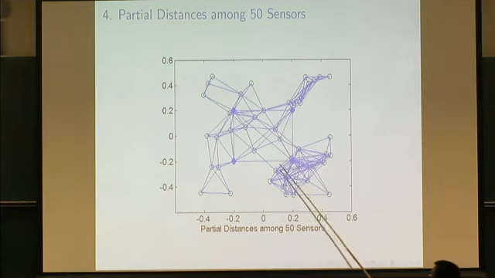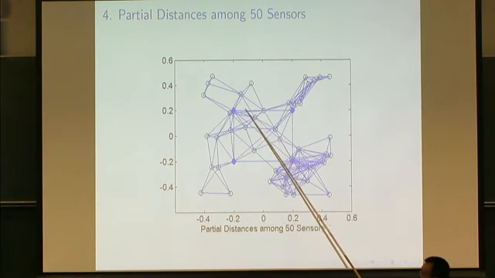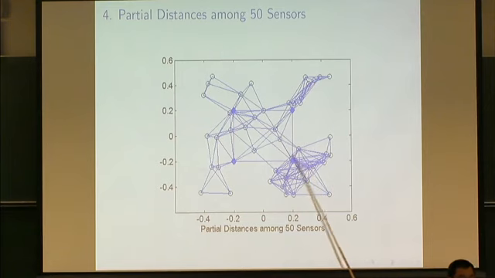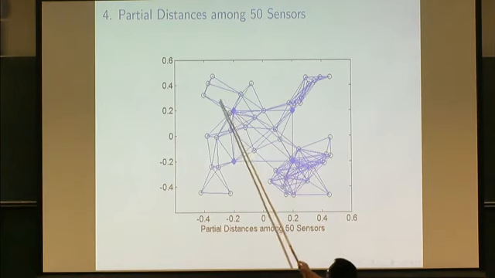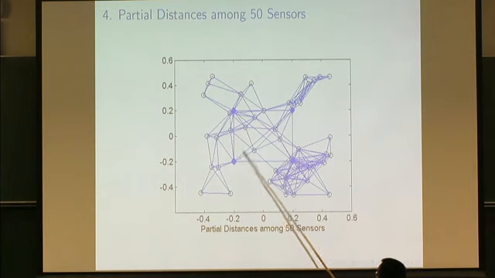But in reality you only know some of them, and some of the distances have noise. It's not an exact distance. So what can you do about it? Can you recover the locations of those sensors? The four big points in the middle are called anchors. I just use this example.